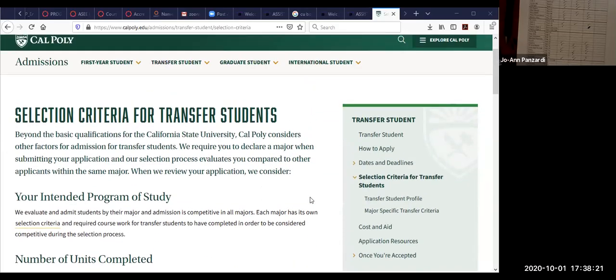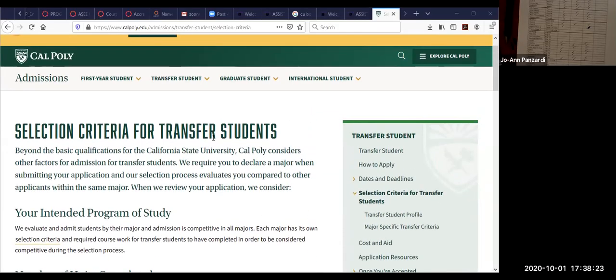And I'm looking at Cal Poly. So this is Cal Poly's website for transfer students.